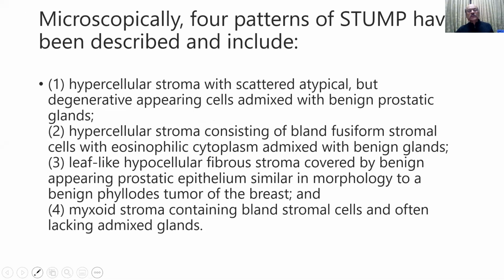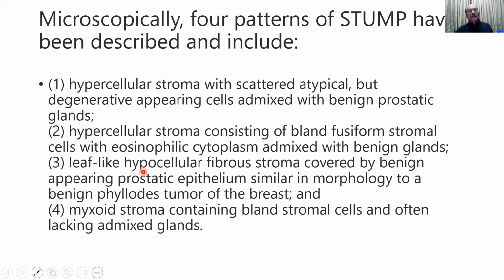Four patterns of stromal tumor of uncertain malignant potential have been described. One is hypercellular stroma with scattered, atypical but degenerative-appearing cells admixed with benign prostatic glands. Another is hypercellular stroma consisting of blunt fusiform stromal cells with eosinophilic cytoplasm admixed with benign glands.